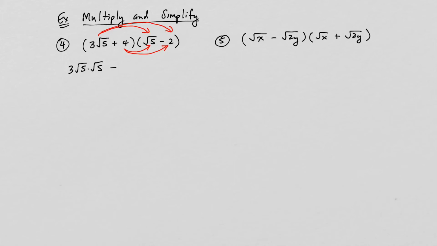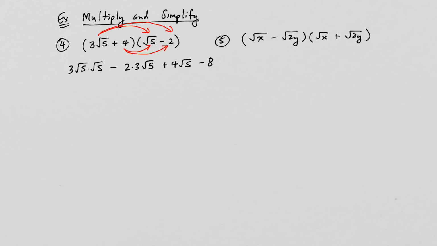I'm going to say that that is 2 times 3 radical 5. And then we have positive 4 times radical 5. And finally, positive 4 times negative 2 is negative 8.